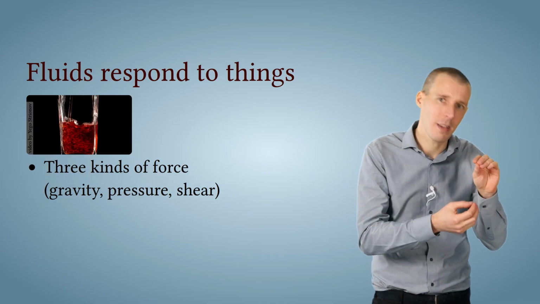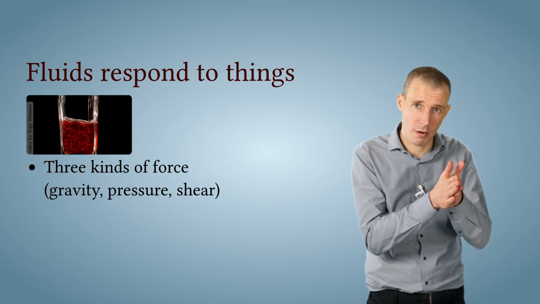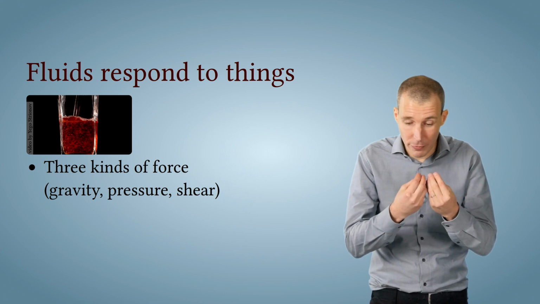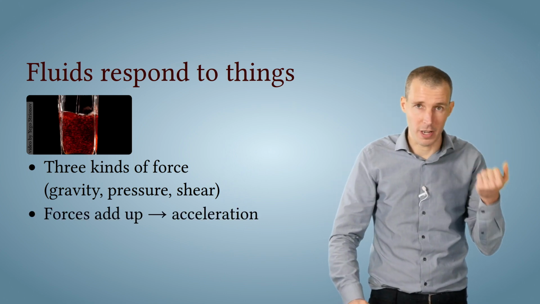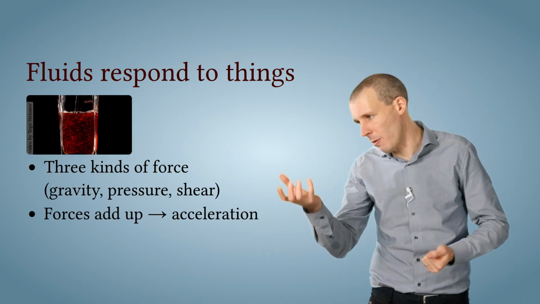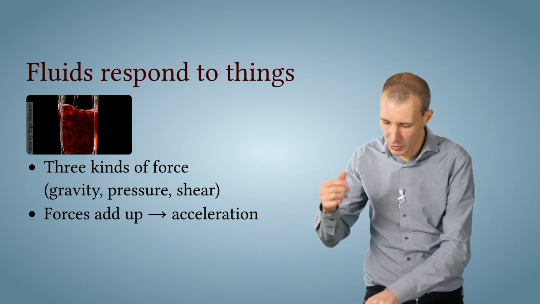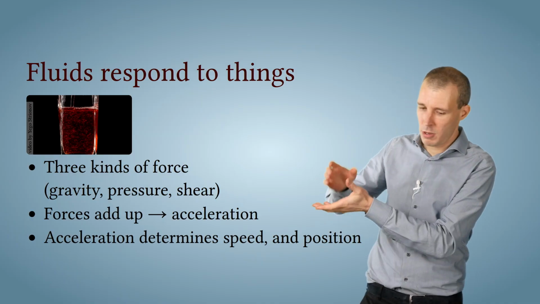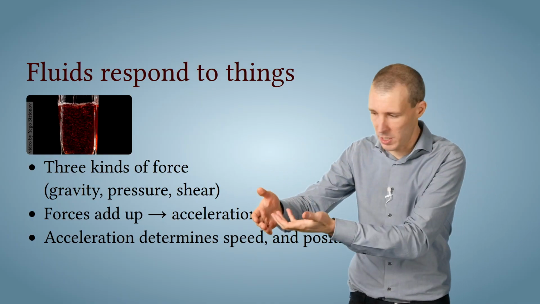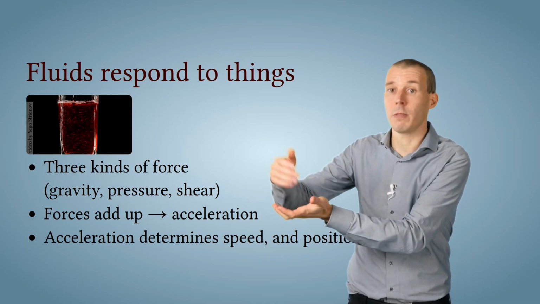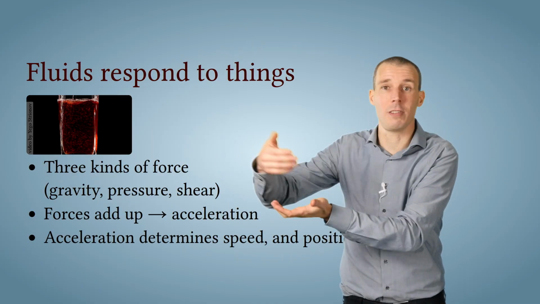These are gravity, pressure, and shear. Once you have these forces, you add them up together. The sum of these forces, divided by mass, is acceleration. And once we know the acceleration of the particle, we determine the speed, because acceleration is the change of speed. And then with the speed, we determine the position, because speed is the change of position.